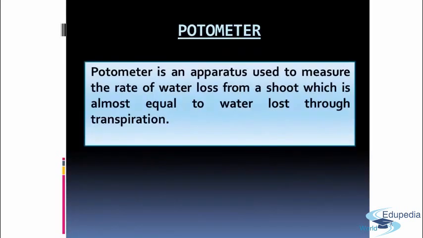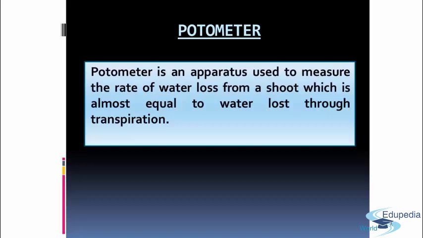See, measurement of transpiration uses a weighing method also. We can use an apparatus in which we can arrange the weighing machine and then we can further measure transpiration. But a better method of measuring transpiration is through the potometer. Now what is a potometer?